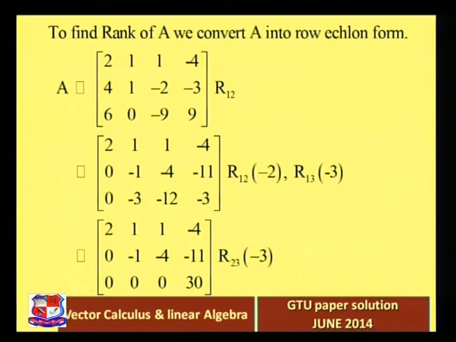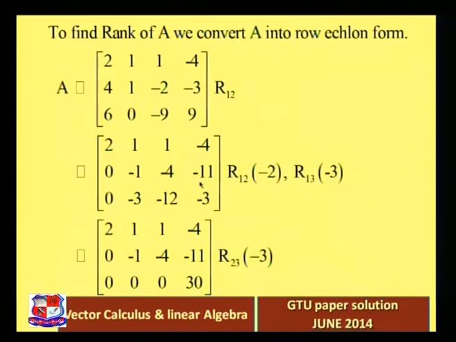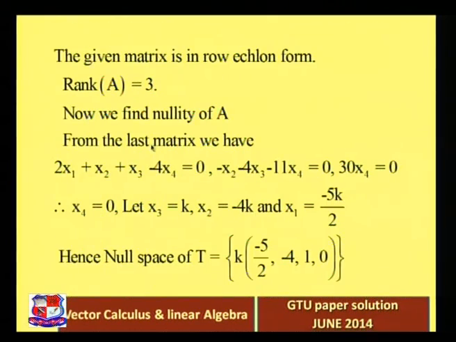Now we want to find the nullity of transformation T, and for that we want to find the null space. So from the last matrix we have 2x1 plus x2 plus x3 minus 4x4 equal to 0.